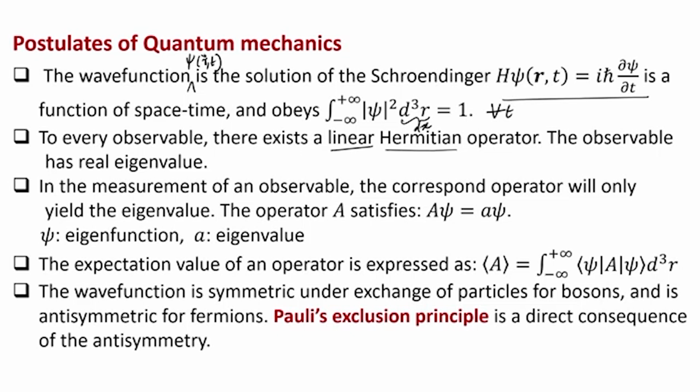In the measurement of an observable, the corresponding operator will yield only the eigenvalue. This is just to bring context from the discussion that we had earlier, that the measurement is to see whether the cat is dead or alive.